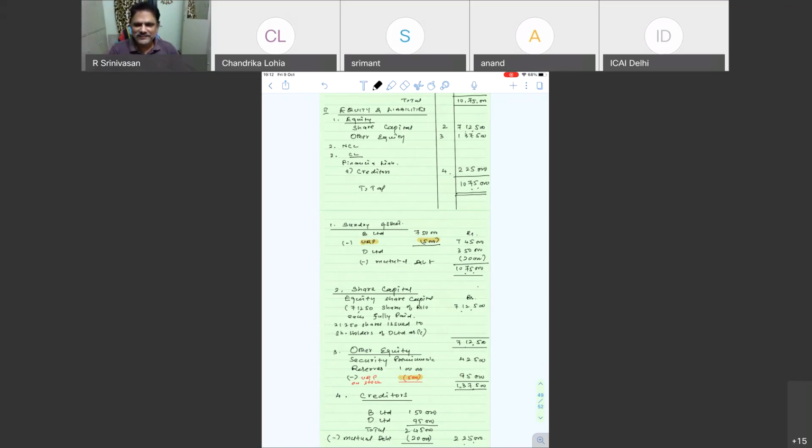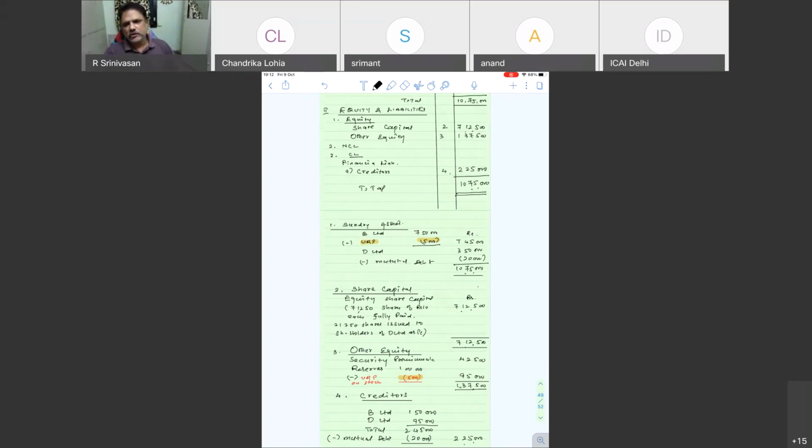Sometimes you are putting in the balance sheet financial assets and financial liabilities. I already sent you the PDF, just go through that. Which are the financial assets and which are the financial liabilities, you can get that.